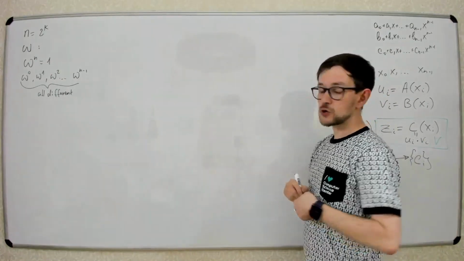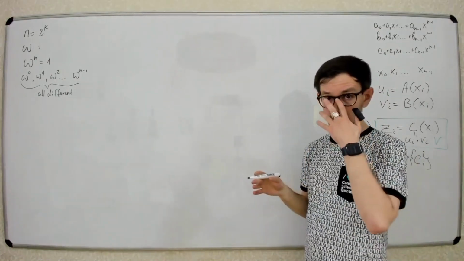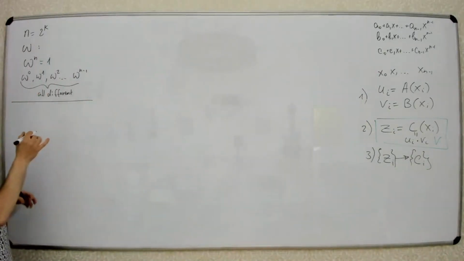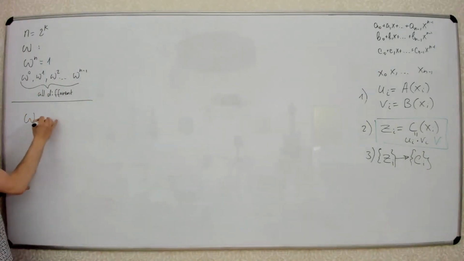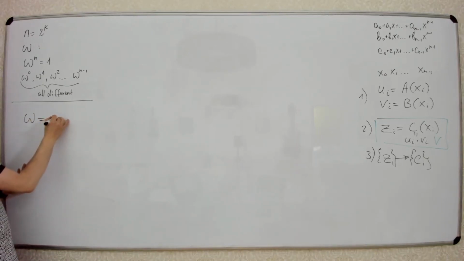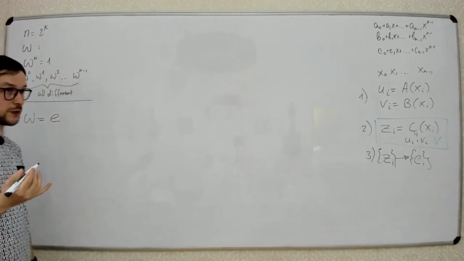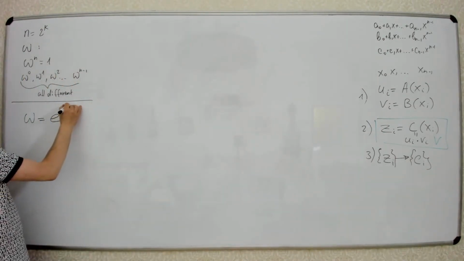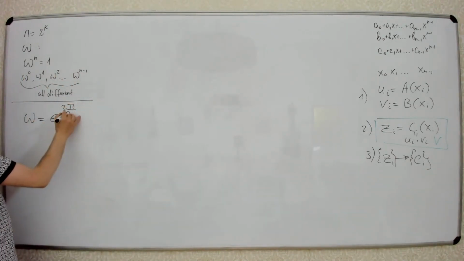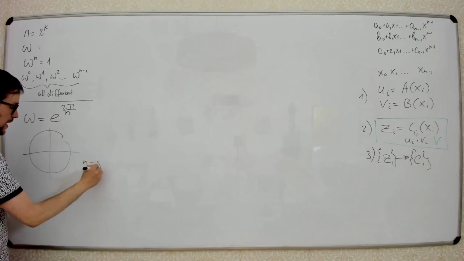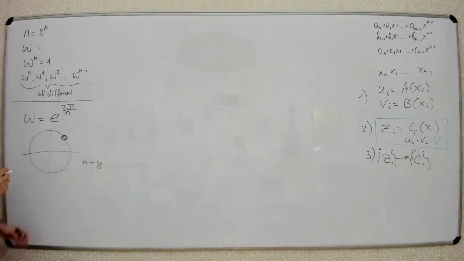So first, if you use complex numbers, how to find this number? In complex numbers you can take, let's say, w equals e to the power 2πi divided by n. So if n equals 8, it's this number.